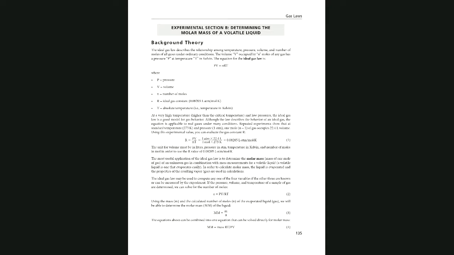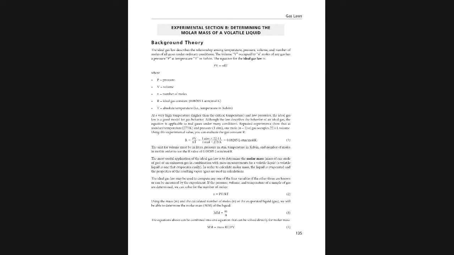Number of moles is mass divided by molar mass, and if you rearrange the formula, the molar mass is going to be the mass of the gas divided by the number of moles of the gas.